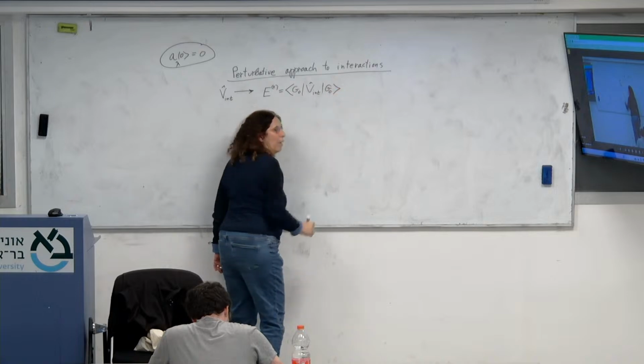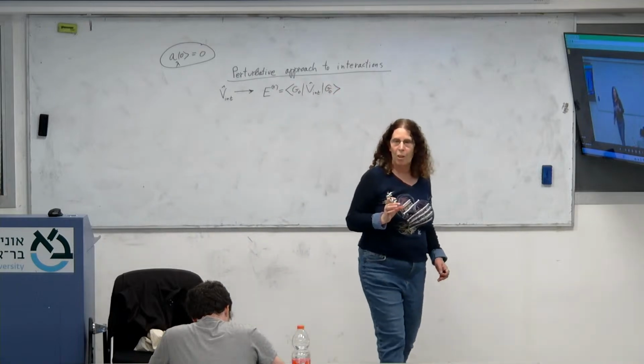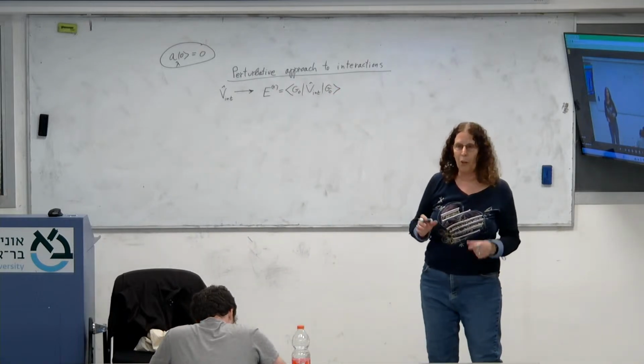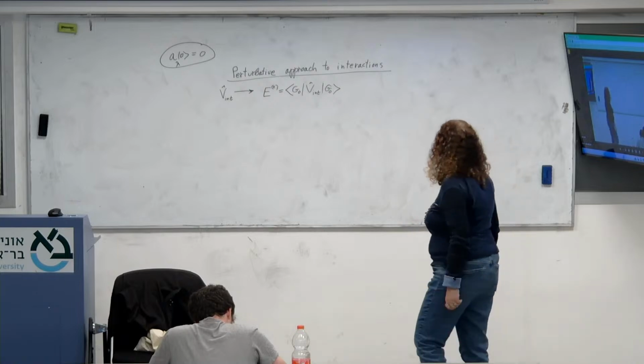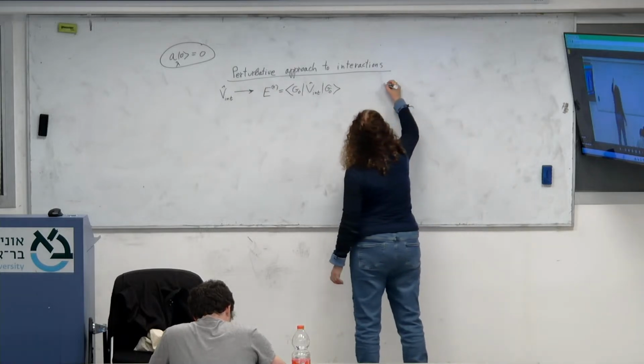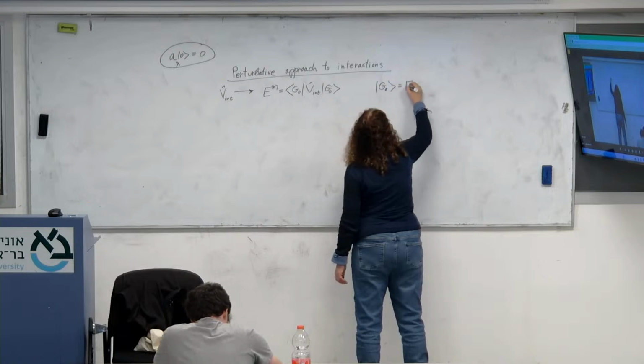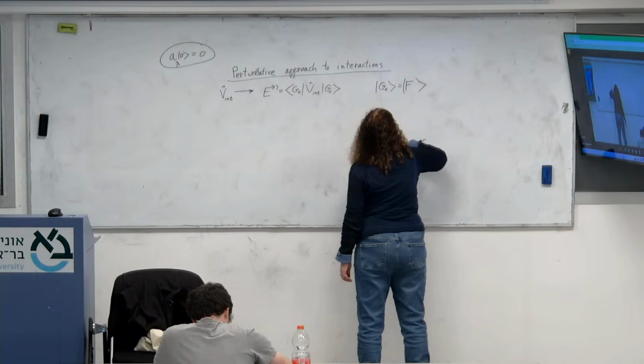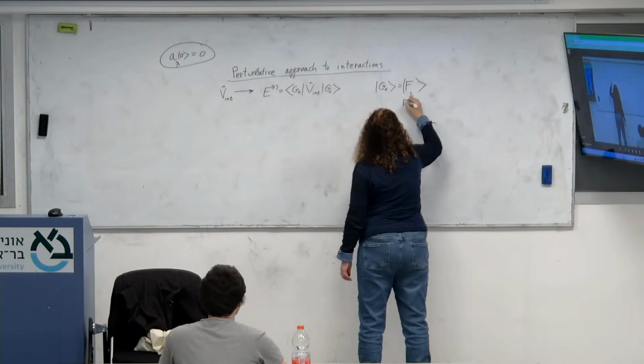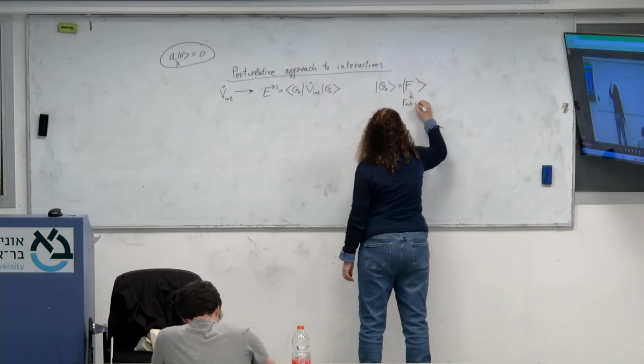Okay, the expectation values of the interaction in the ground state of the non-interacting state, and the non-interacting state is typically some kind of a Fock state.